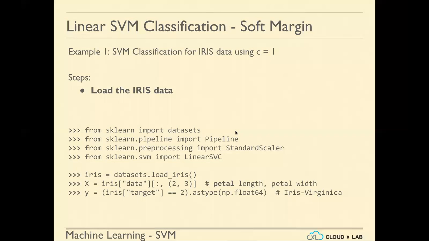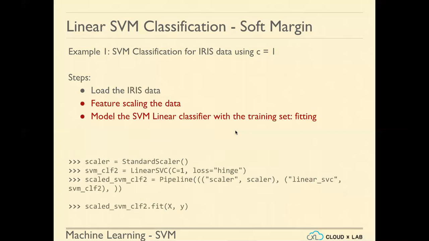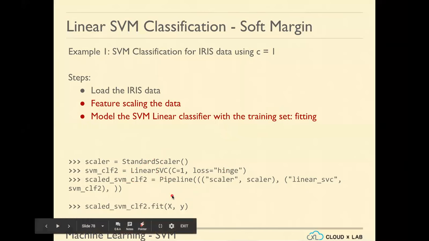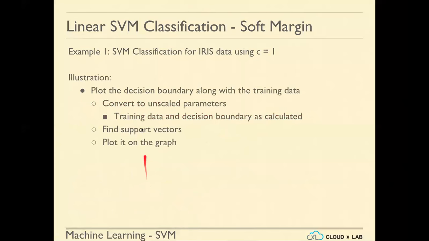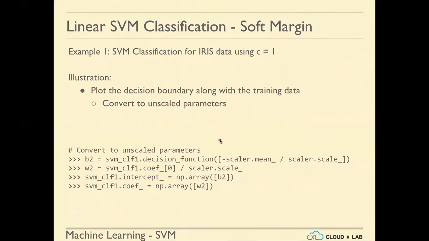This is what we did in the notebook. Then we did the scaling and modeling by using the scalar, and then we tested using the sample data. And then we are going to plot the decision boundary along with the training data and so on.